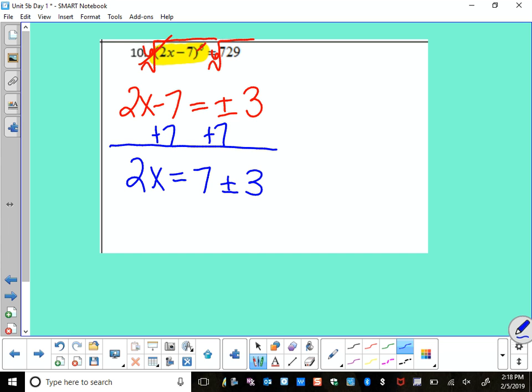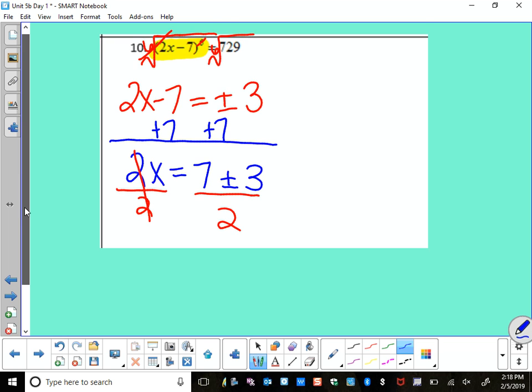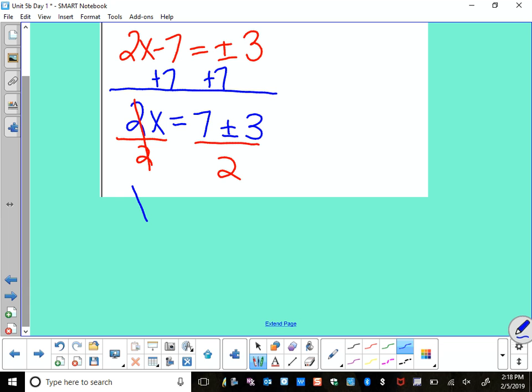Once I get here, I divide by 2 on each side. So I'm left with x equals, what's 7 plus 3? So you have 10 divided by 2. What's 7 minus 3? And then 4 divided by 2.